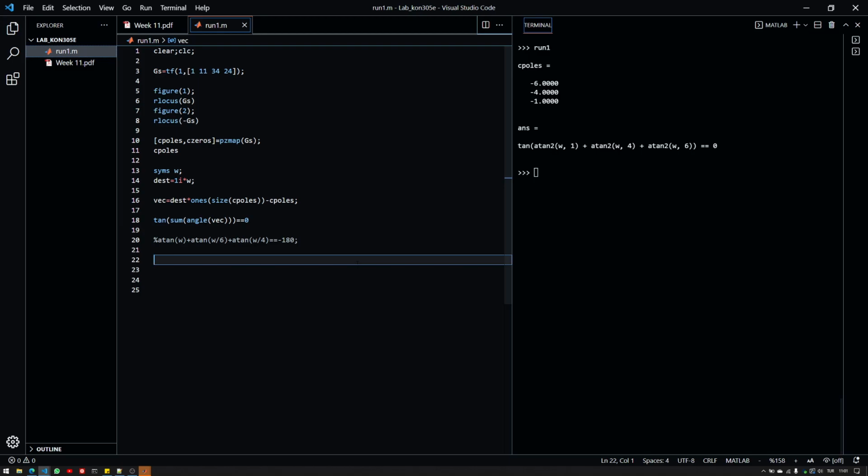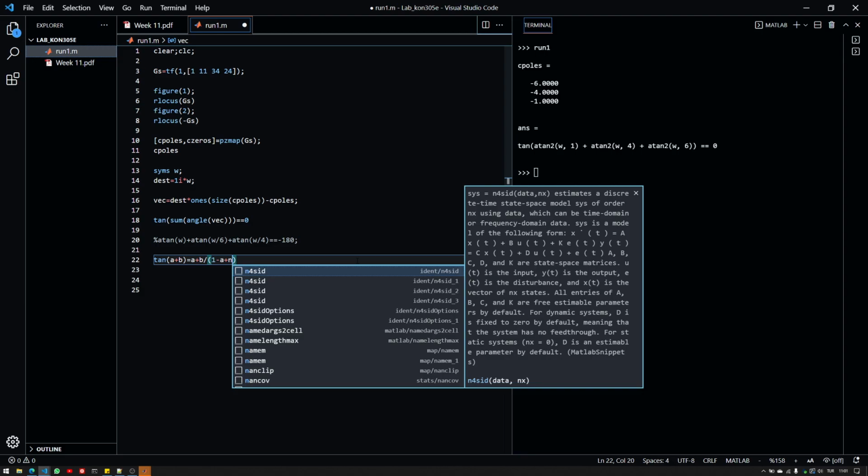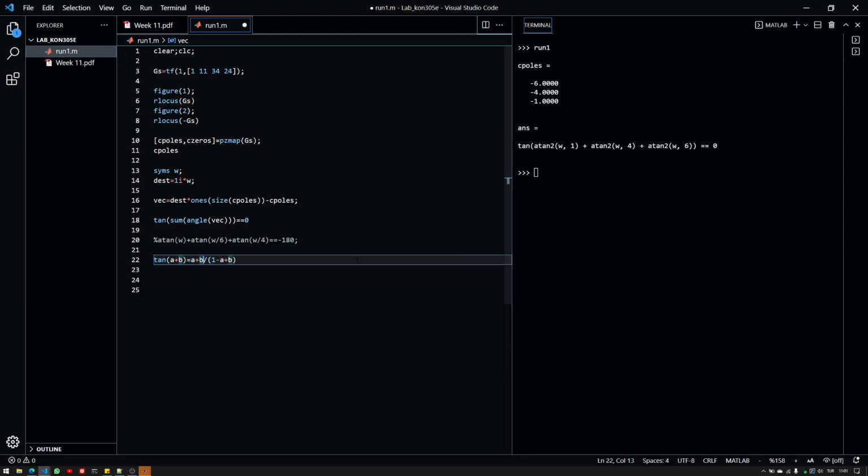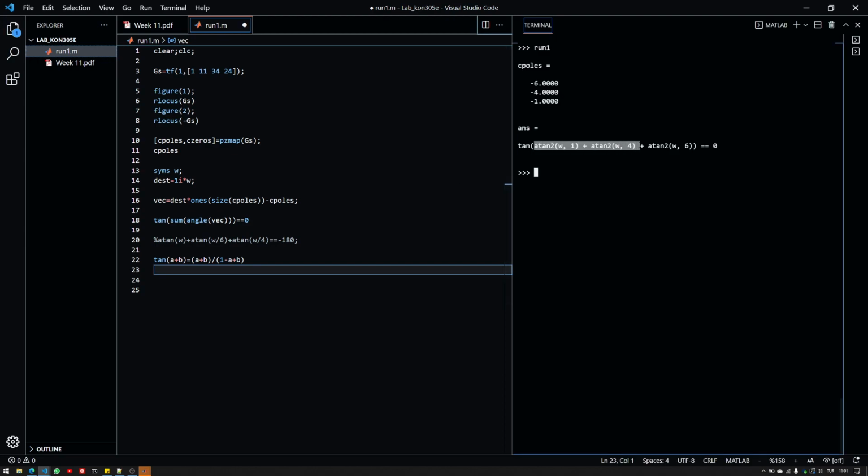If we have, for example, the tangent of a plus b, then there's a formula for that: tan a plus tan b divided by 1 minus tan a tan b. You might go ahead and use this because if you define this as a and this as b, you can use this formula, and then it will generate again a tangent a and tangent b, as you can see here.